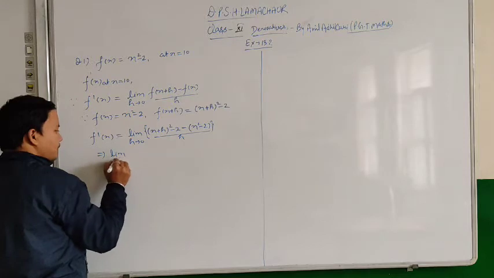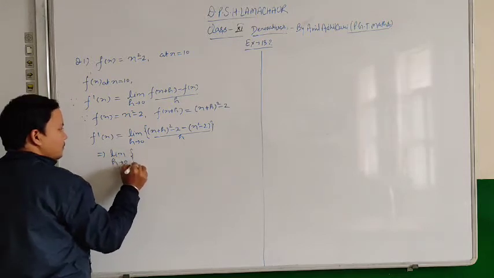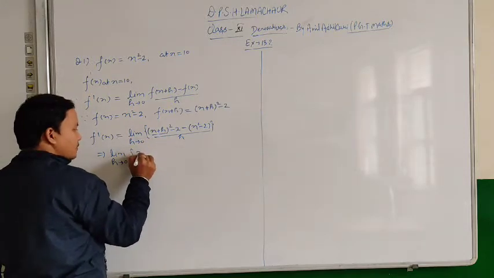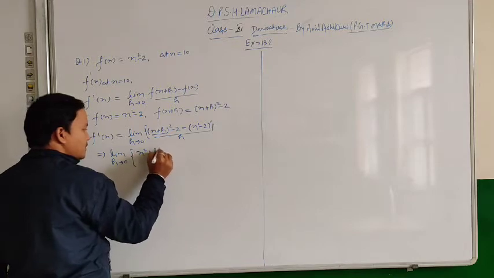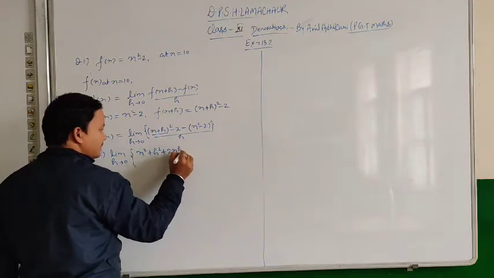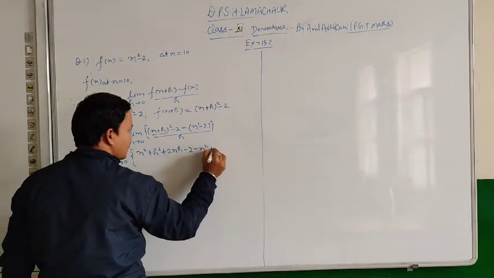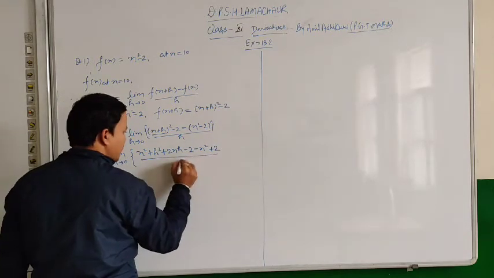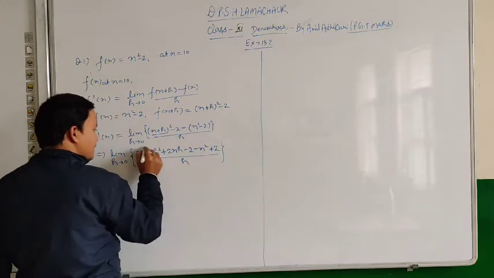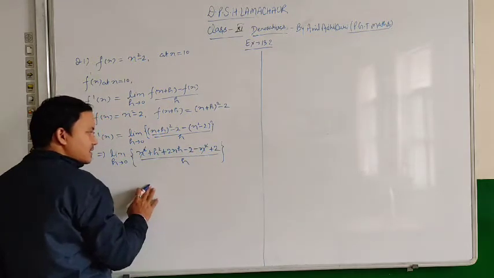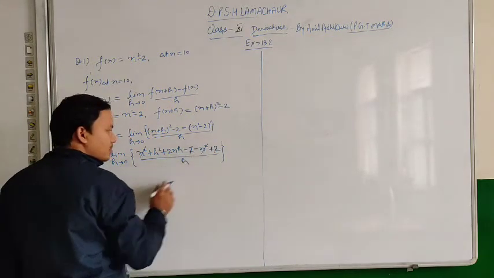So limit h tends to 0, open the whole square, so we get x square plus h square plus 2 times xh, okay, minus 2, and this will be minus x square plus 2 divided by h. Okay, this x square and x square get cancel out, minus 2 plus 2 also cancel out.